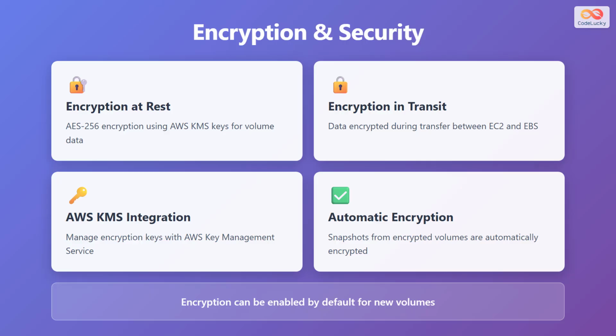When you create a snapshot from an encrypted volume, the snapshot is automatically encrypted as well. Similarly, any volumes created from encrypted snapshots are also encrypted. You can even enable encryption by default for all new EBS volumes in your account, ensuring consistent security across your infrastructure.